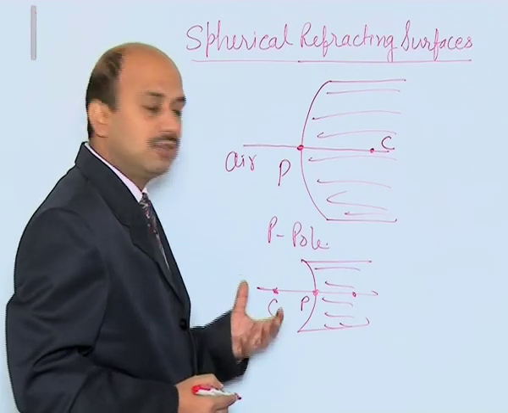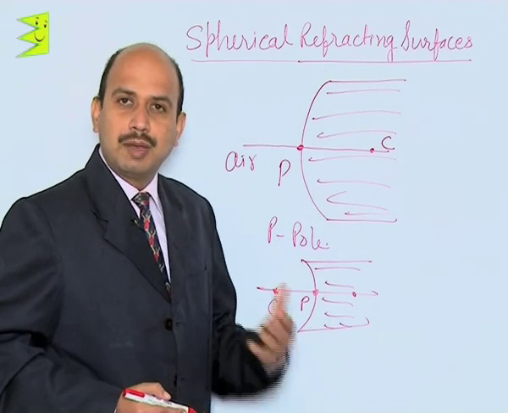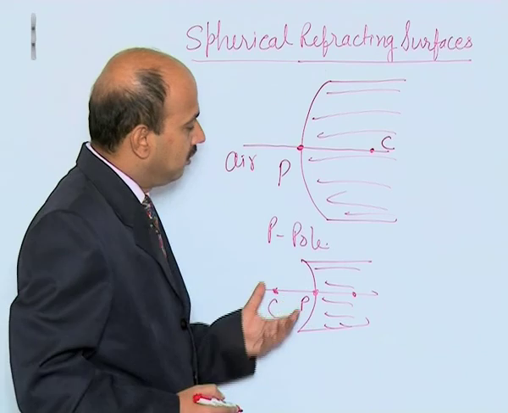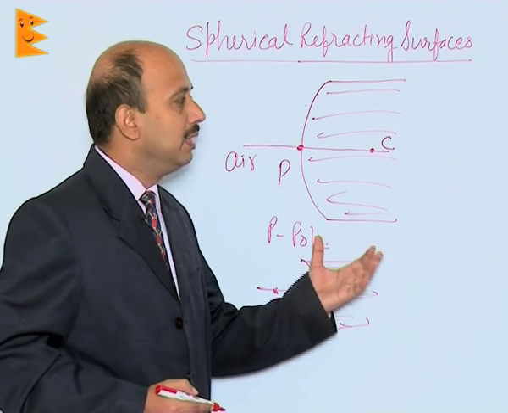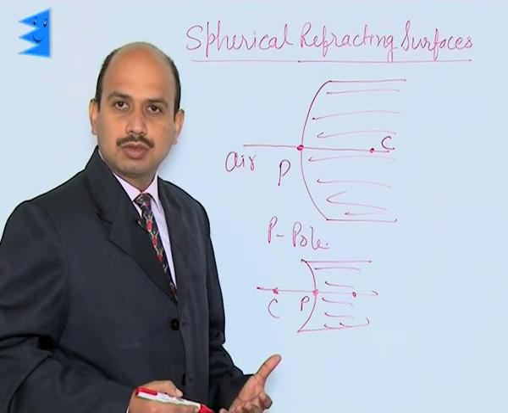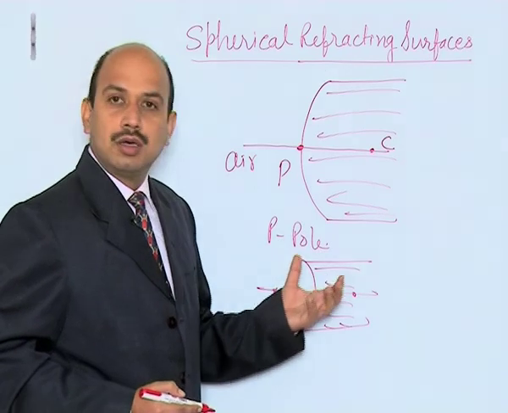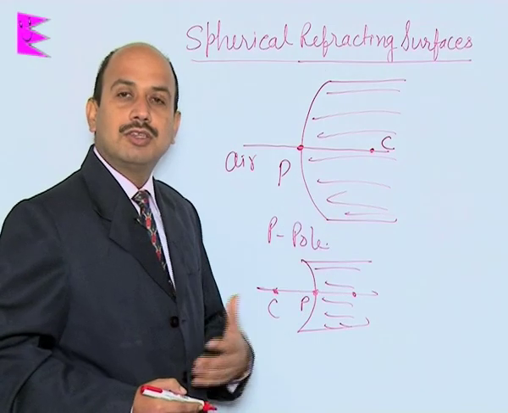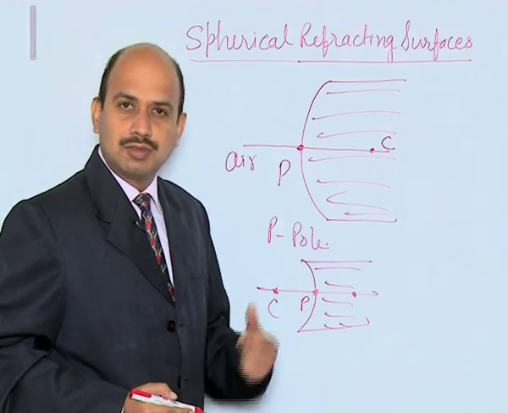First, all these surfaces, convex or concave, have a small aperture. Angle of incidence and angle of refraction are small, and for getting the images we assume a point-sized object. These are the three assumptions we make while studying the relation between the refractive index, radius of curvature, and the object and image distances.